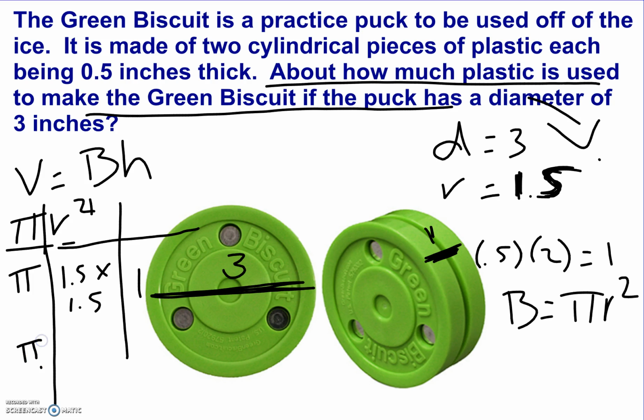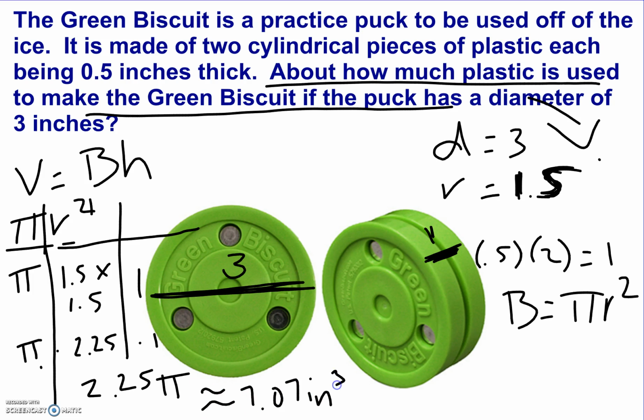So I have pi times 2.25 times 1. So I have 2.25 pi. Or about 7.07 inches cubed.